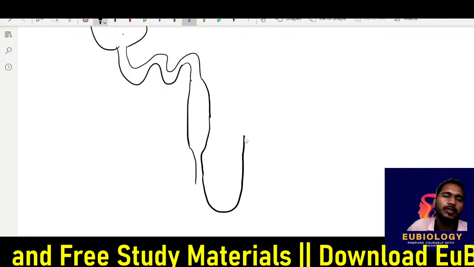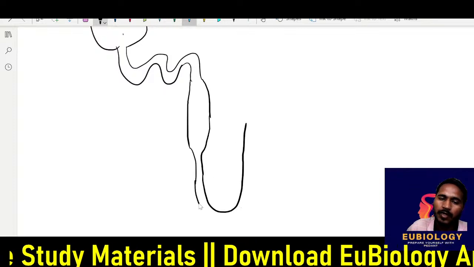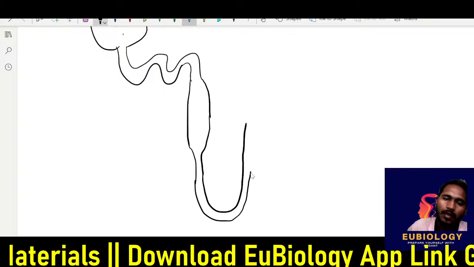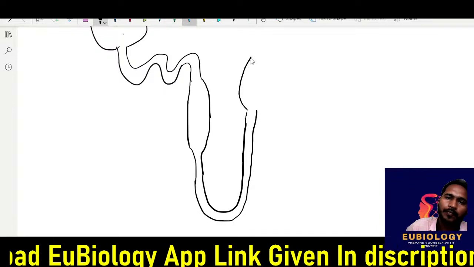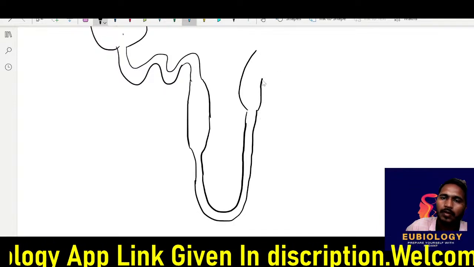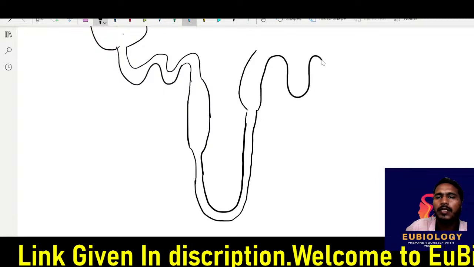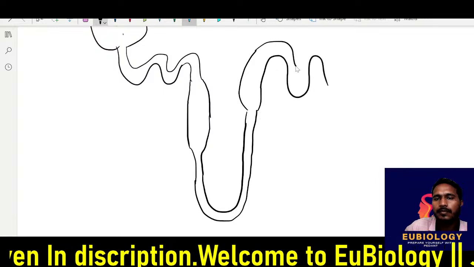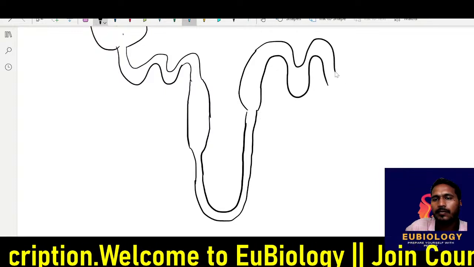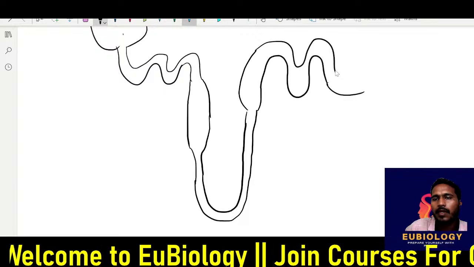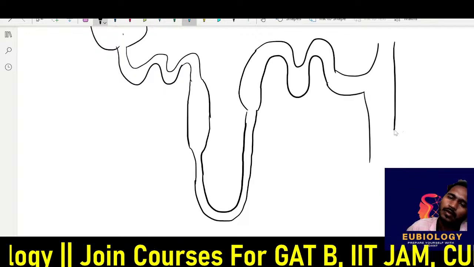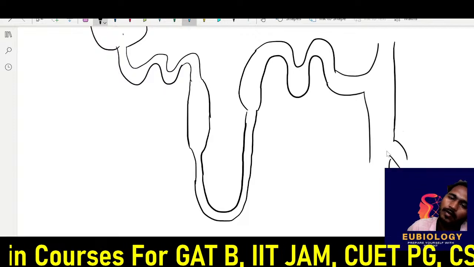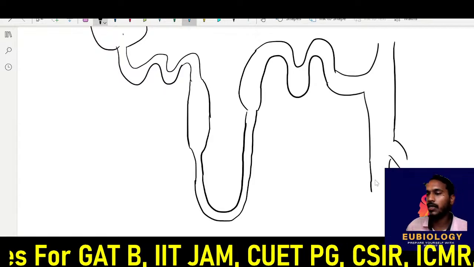This is called the loop of Henle, and later it comes up. This is DCT, and then it will go to the collecting duct.